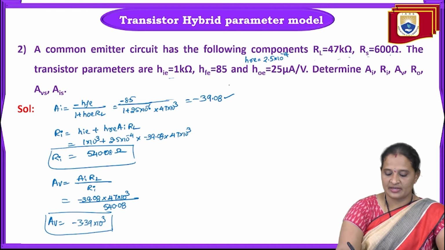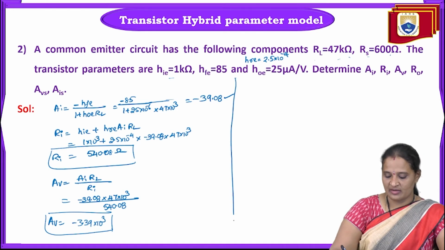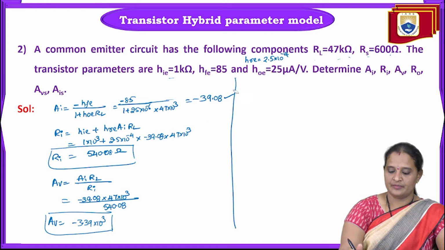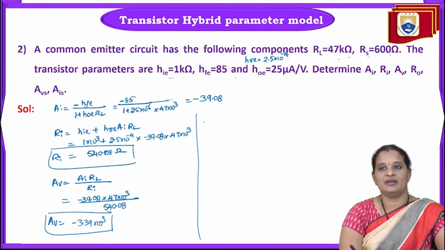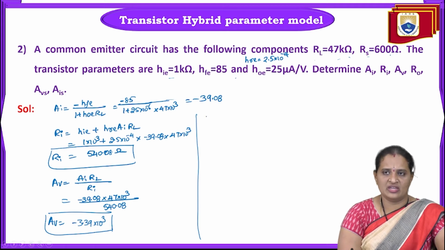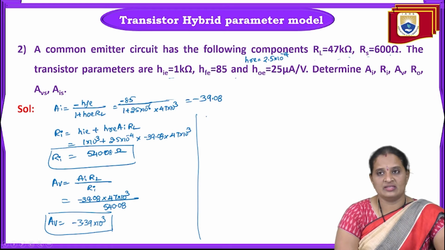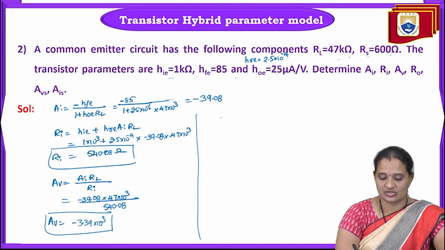So after calculating this Ai, Av, first of all, as we have calculated Ri, we don't have any other resistances. So Ri is simply what we have, because we don't have any other extra resistances R1 and R2. If we have, then we need to calculate Ri dash also.